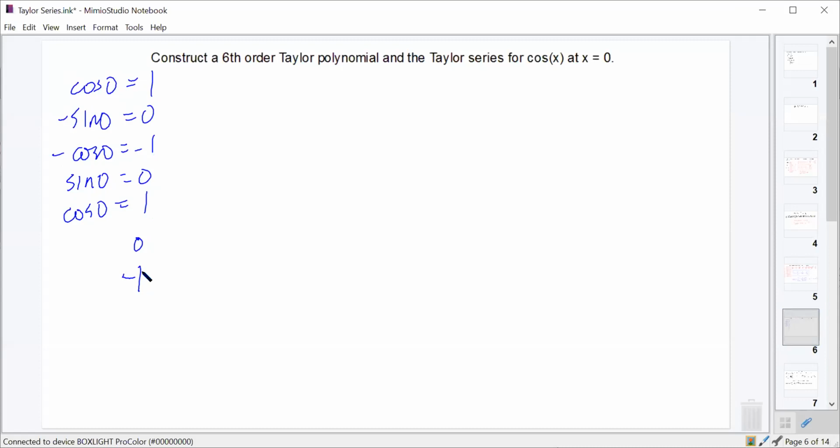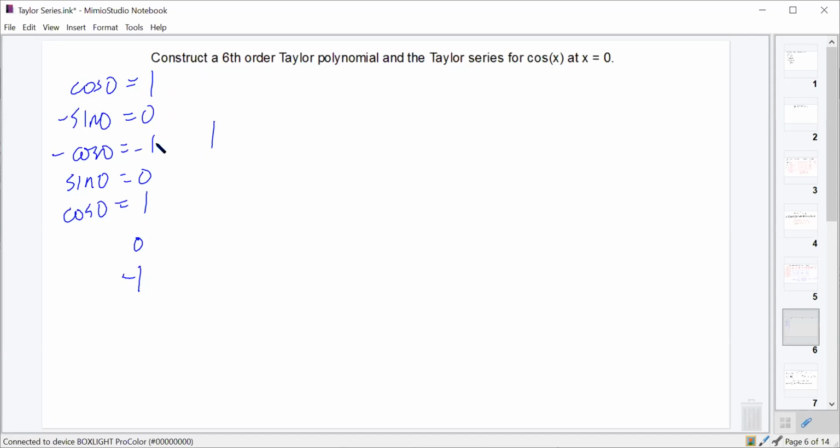Luckily, with sine and cosine, the derivatives repeat every 4 times. So the first term should have been 1x to the 0 over 0 factorial, which should be 1. Next term would be x to the first from the 0 term, but we can ignore that one.